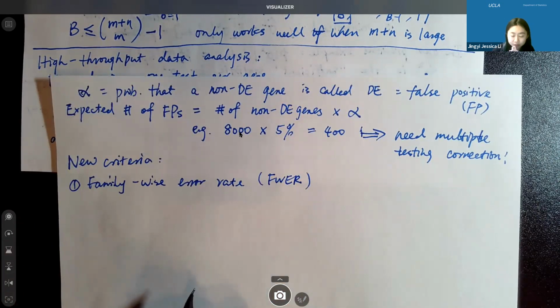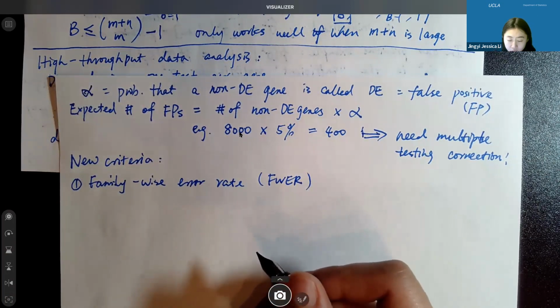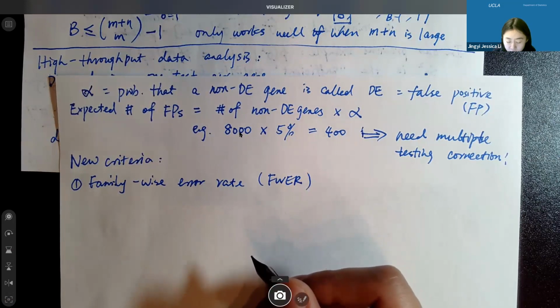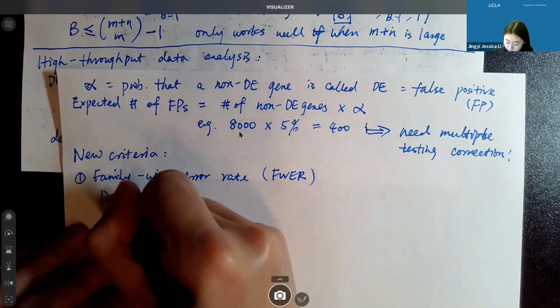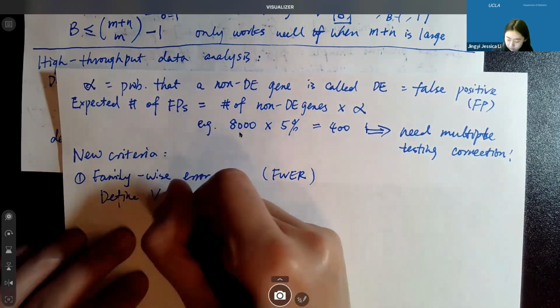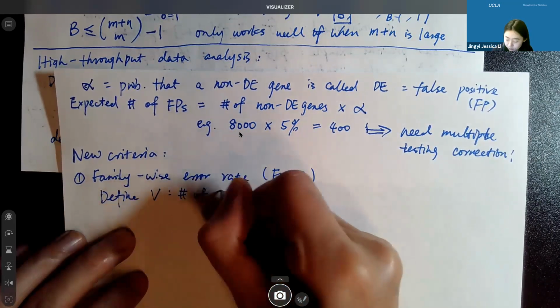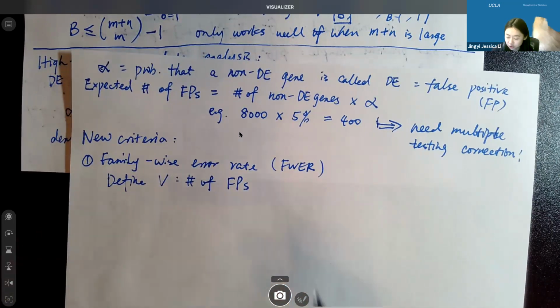In this family-wise error rate, what we aim to control is the total number of false positives. Let's say that we define V as the number of false positives. In other words, the number of non-DE genes that were rejected.